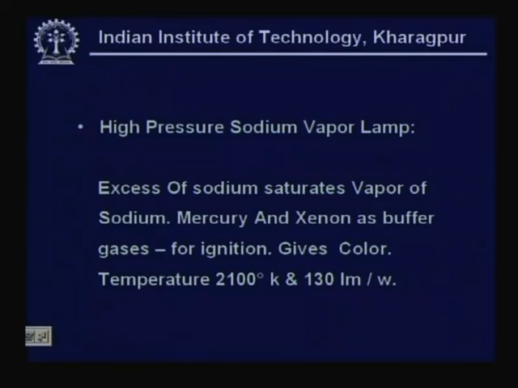That's the idea. High pressure sodium vapor lamp has excess of sodium, which is saturated vapor of sodium, and sometimes to improve the color, in fact here the mercury and xenon are used as buffer gases, and they are also, remember, all these discharge lamps need a starting gas, for which, because of low ionization potential, rare gases are used.